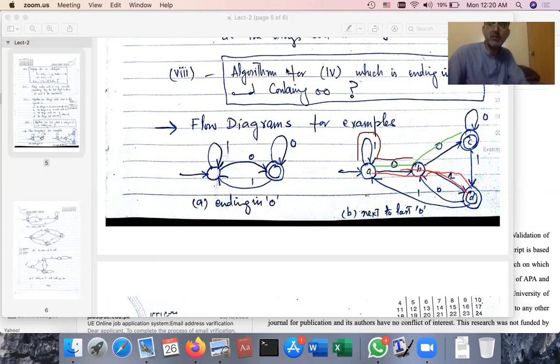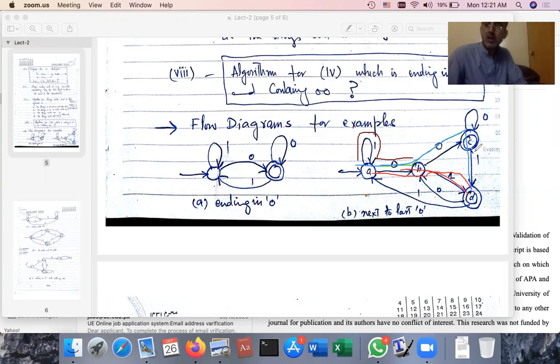And finally, if your string is 0 0 1, sorry for the board marker, then this is 0, this is 0 and now this is 1. So for 0 0 1, the next to last is 0, and this is a legal string, and I am reaching the final state.